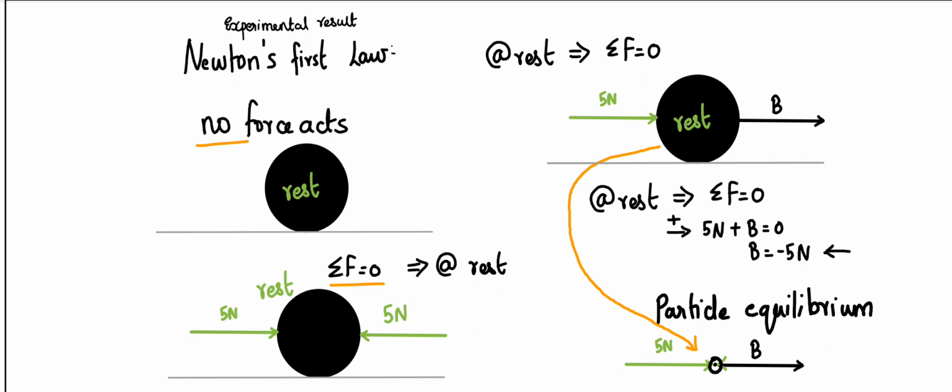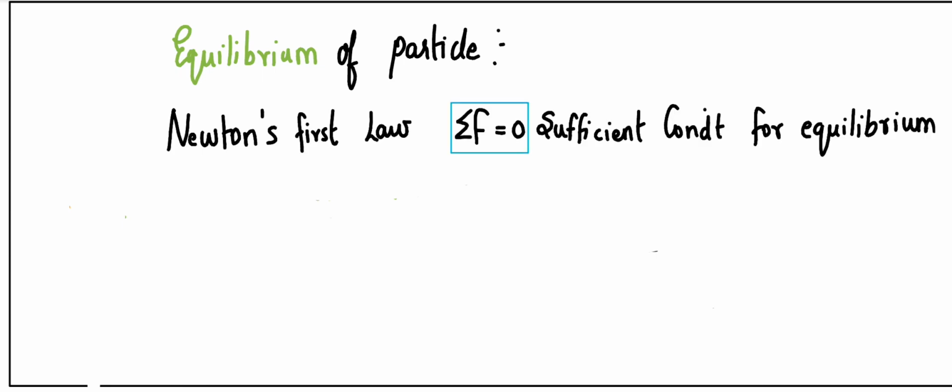Whenever the shape of the body is not included as a variable in the sum, we can assume it as a particle. Now I'm going to state under what condition the particle will be in equilibrium. As Newton's first law states, summation of F is equal to 0 is the sufficient condition for equilibrium.